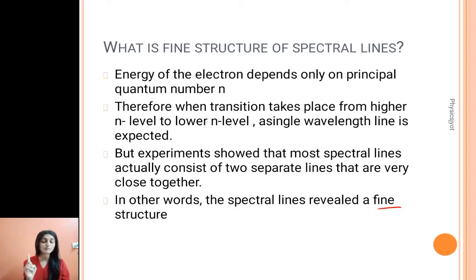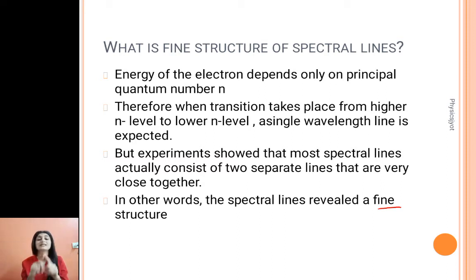But experimentally, it was found that most spectral lines actually consist of two separate lines instead of one. Ideally, I should get one, but instead there were two spectral lines which were close together. And if you use a spectrometer with a very good resolution, then you can actually see two lines which are close together.